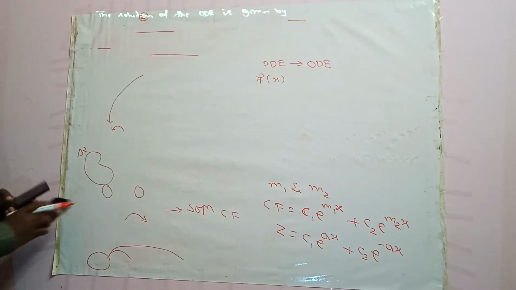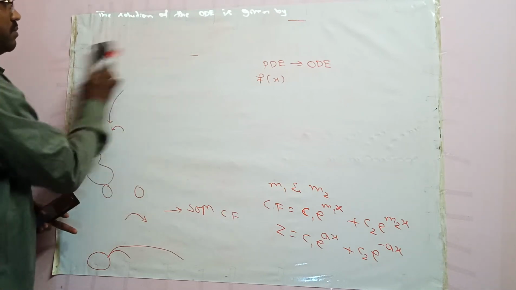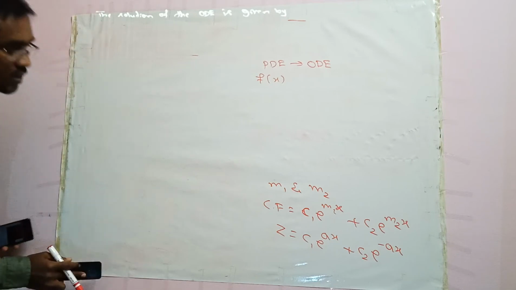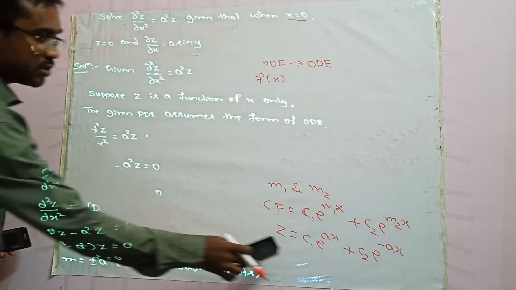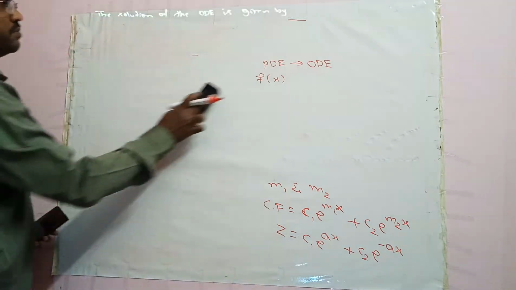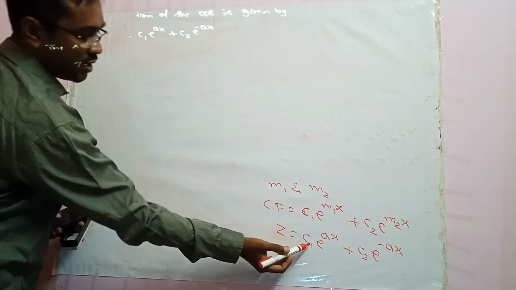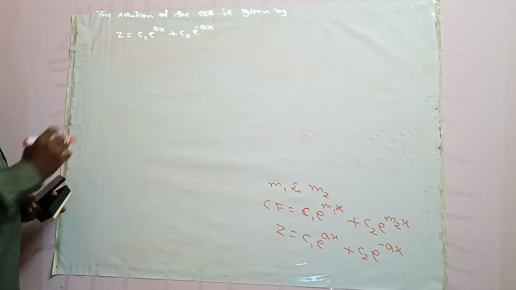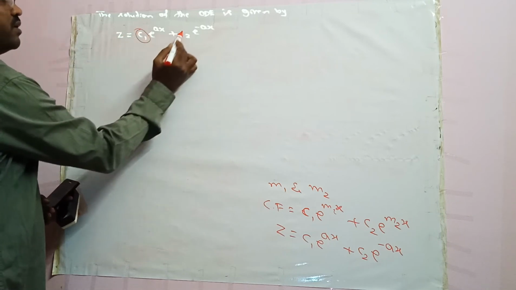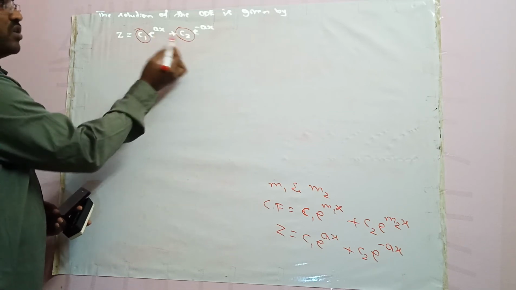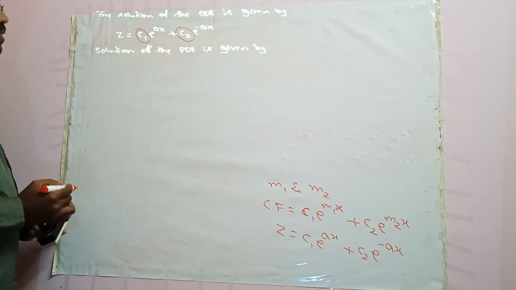Let us write the solution. Here we have written the same solution. Now we need to find what C1 and C2 are by treating these as functions of y.